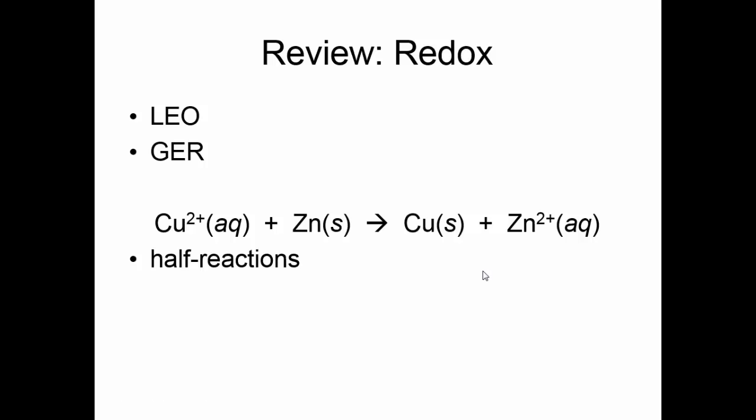To review redox chemistry, reduction is gain of an electron. And oxidation is loss of an electron.